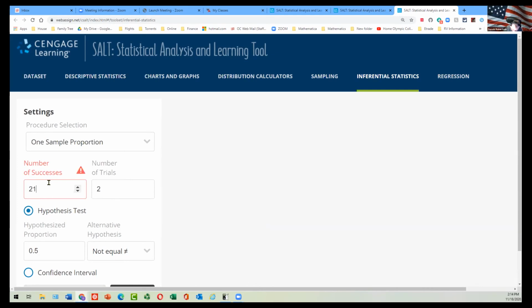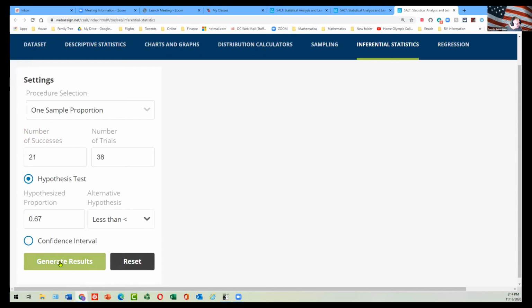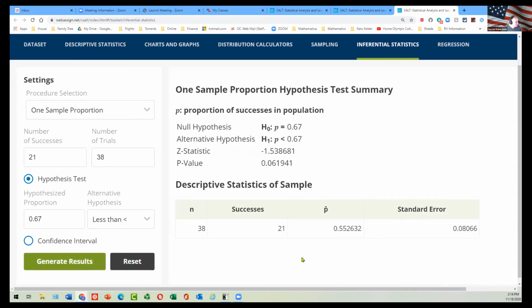It's 21 out of 38. We are testing, is it less than 67? Let's generate results. Okay, there's a negative z-score, that guy. And the p-value is 0.06, roughly.